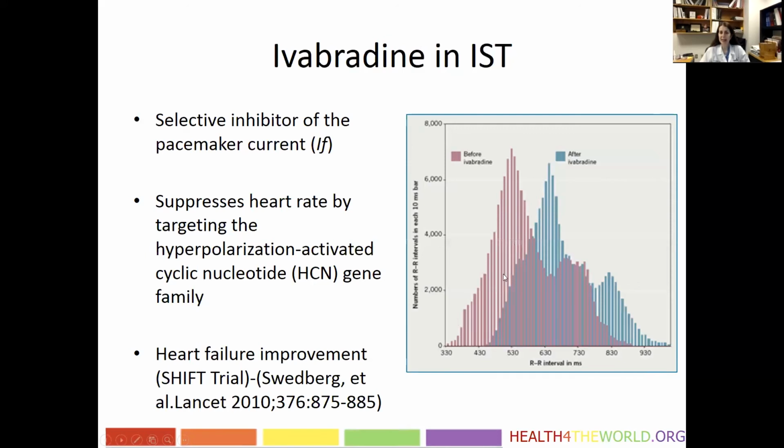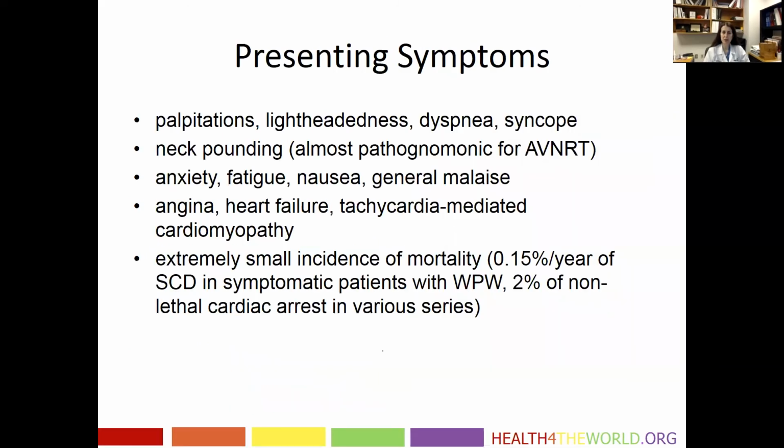And what it does, it takes the heart rate from a distribution during the day that is in the red color to slower in the blue color, and those 10, 15, 20 beats per minute that the heart rate slows down can make a patient much more comfortable and with less symptoms.